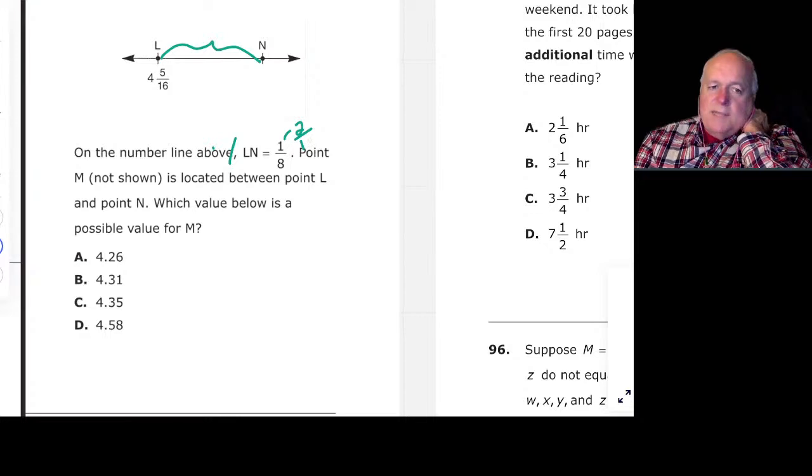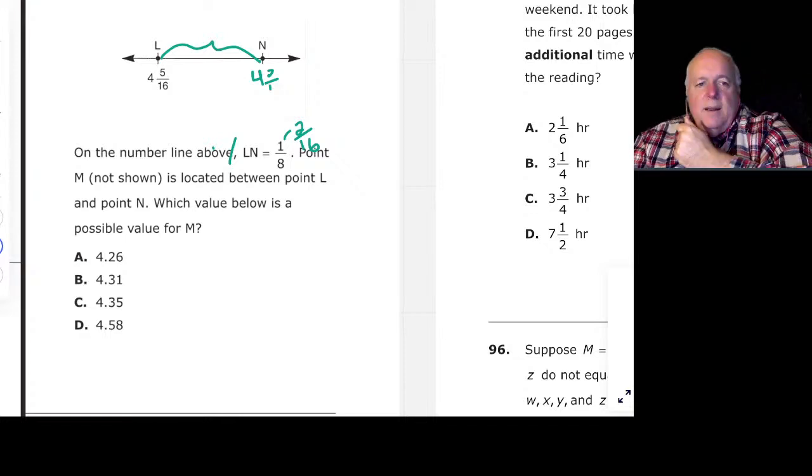If that's 2/16, then N must be 4 and 7/16. All right. So we computed that. We don't know if we need to, so let's see what's going on.